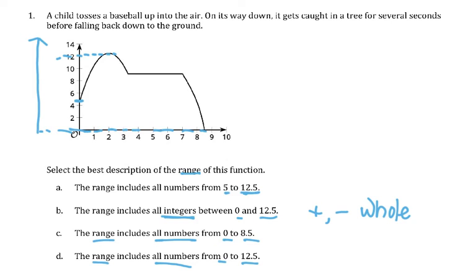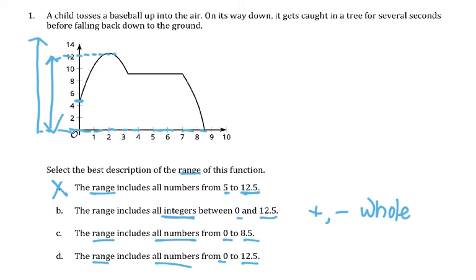So if I look at the span of numbers between here and here, let's think about it. We're talking about the height. The range includes all numbers from 5 to 12.5. So that would be from here to here. Nope, it's not that one because I've got to go all the way to the ground.